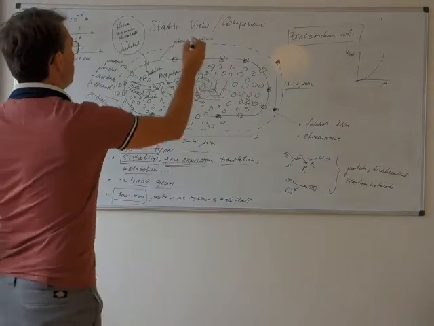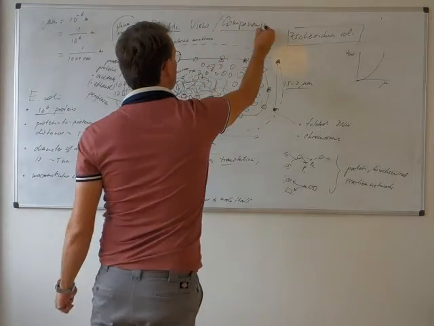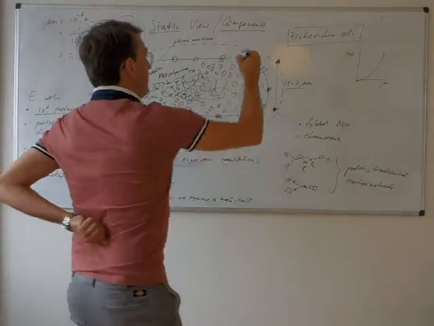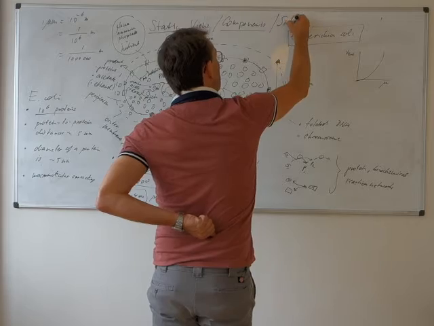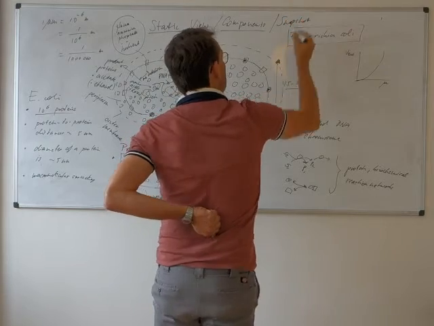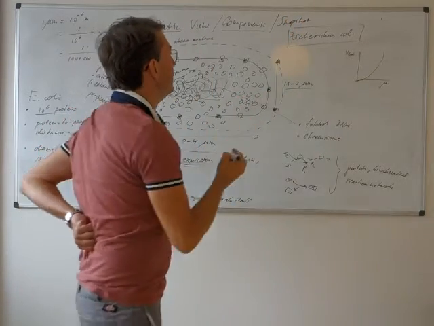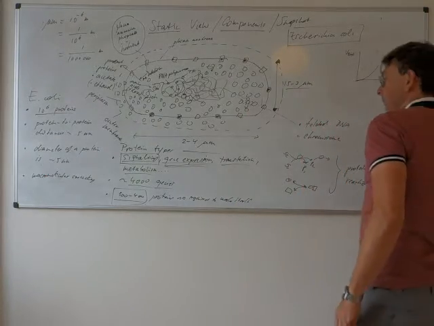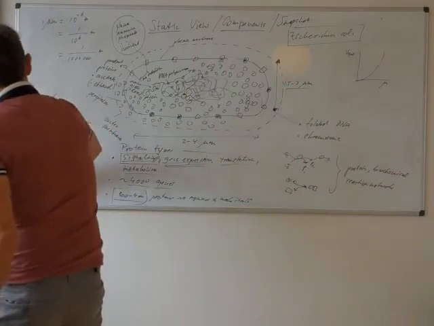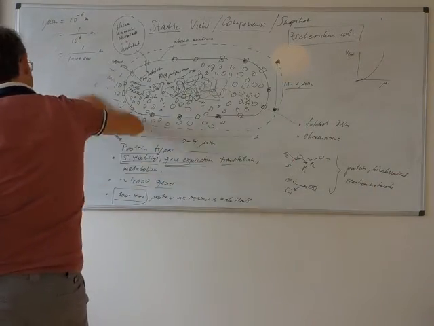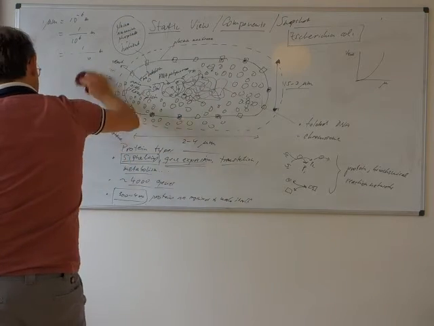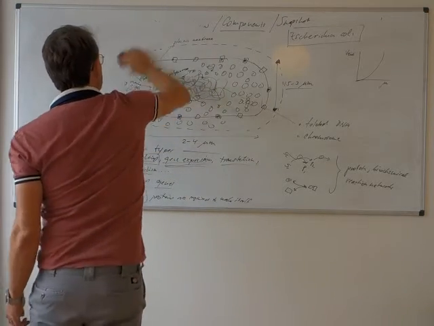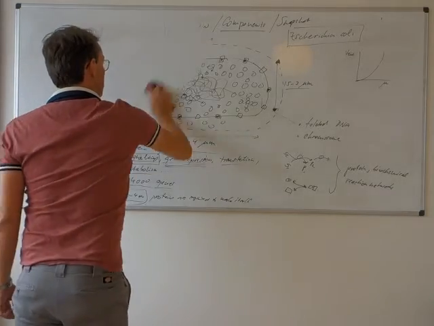Okay, so the static view in terms of components is limited because it's only a snapshot. And the right way of thinking about cells is that in fact the cell is a process. Okay, so there is no moment in time in which these proteins are, say, sitting still or not doing anything.